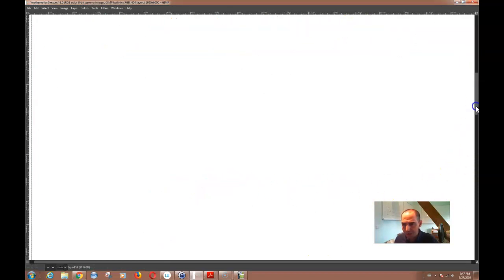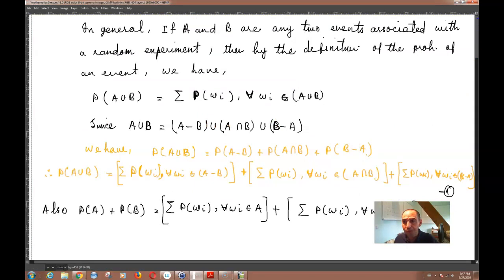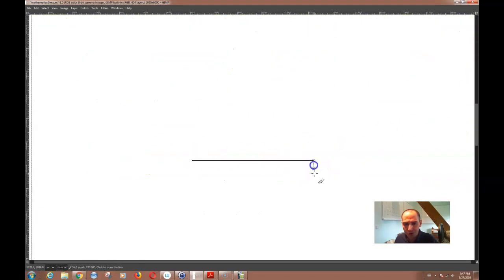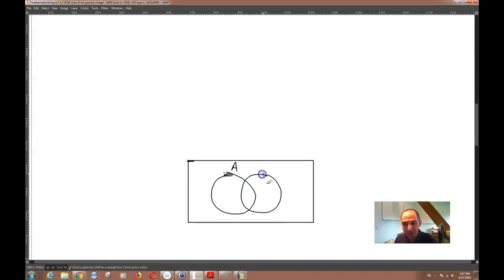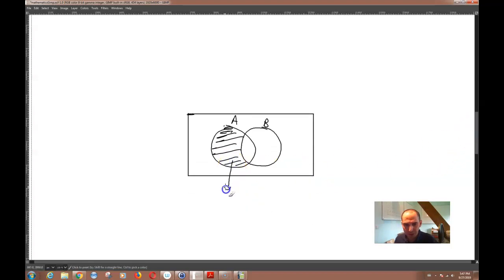So in the Venn diagram we showed that if you have this set A, for example, and this set B here, this part over here you can denote as A minus B. This part over here you can denote as B minus A. And this part over here you can denote as A intersection B. Right?